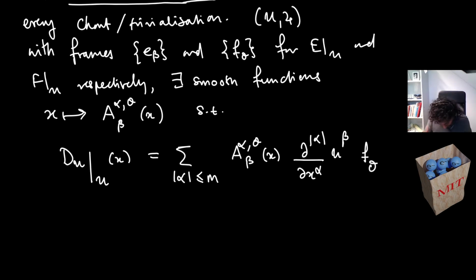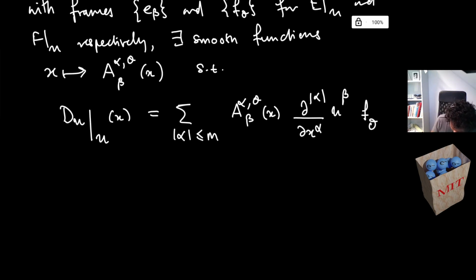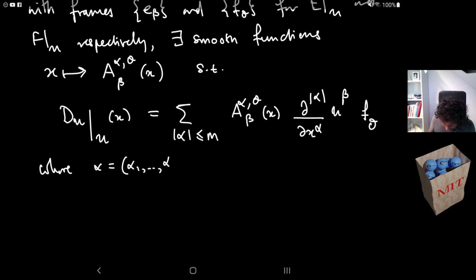A alpha theta beta of X. Okay, so I think I have that written up right. So where alpha is alpha 1 up to alpha n.